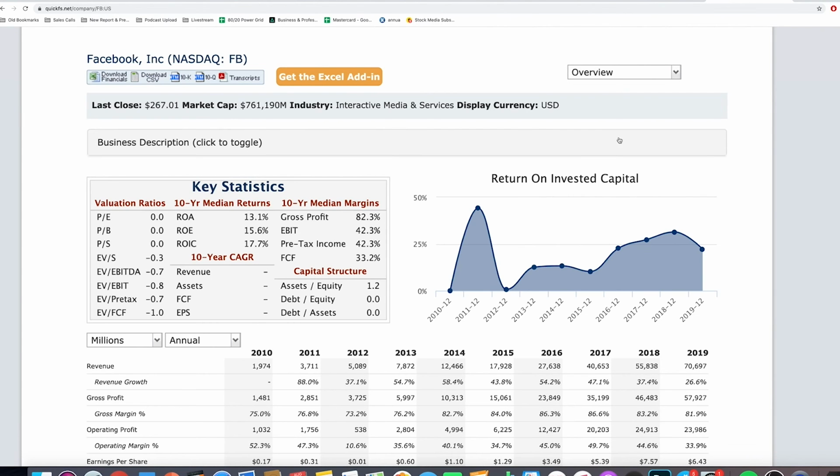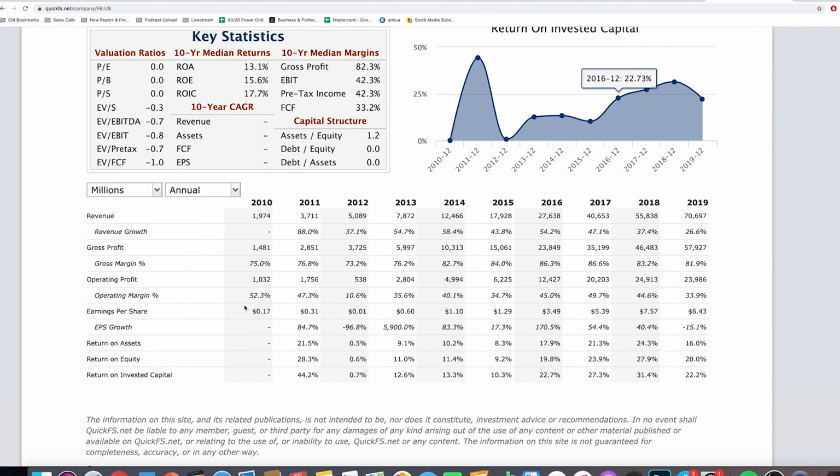And again, you can use QuickFS to see this really quickly, and we can have a look at the operating margin. And we can see that for Facebook, this has declined over time, which is generally something we don't want to see. Generally, we're looking for a business that has an increasing operating margin over time, meaning they're getting more efficient over time. Or at the very least, that it's stable over time, that it's staying very, very similar to what it was in the past.